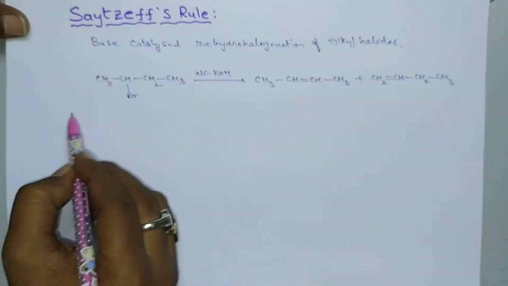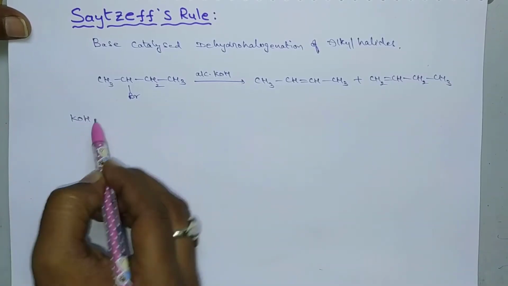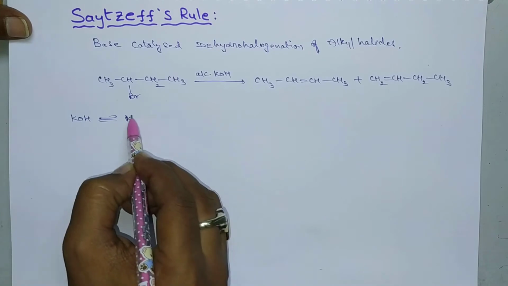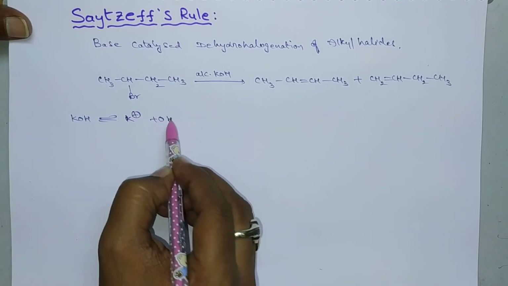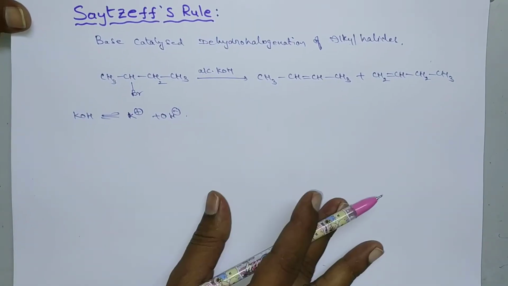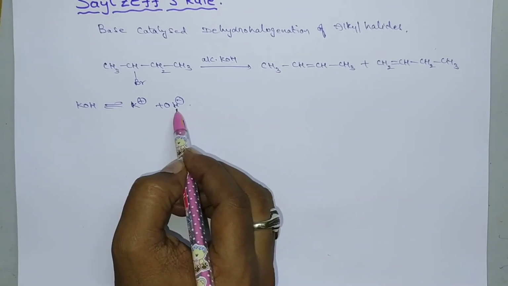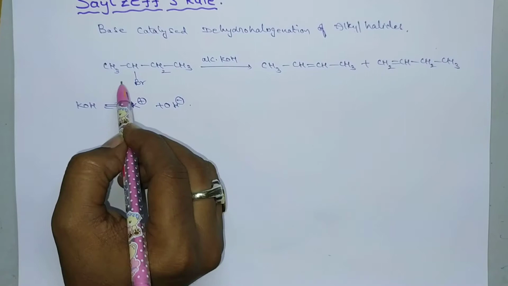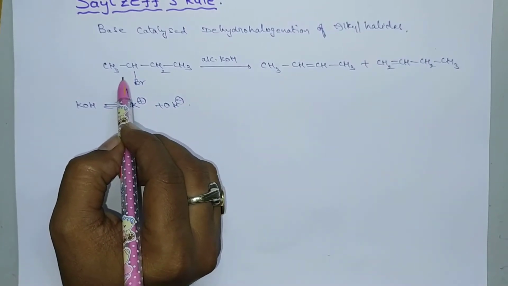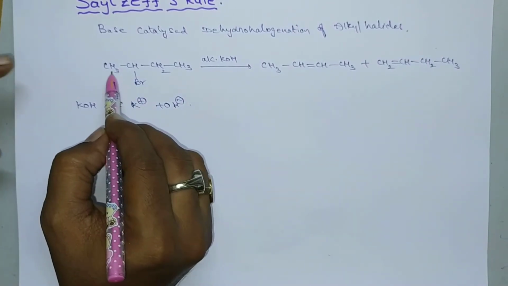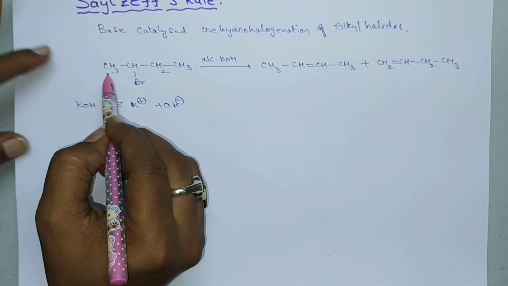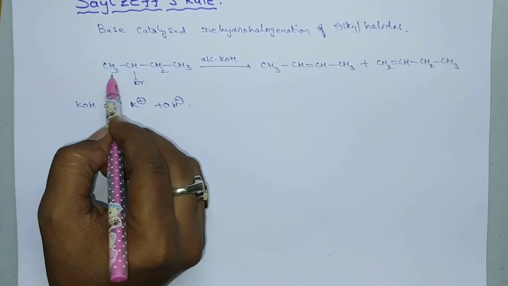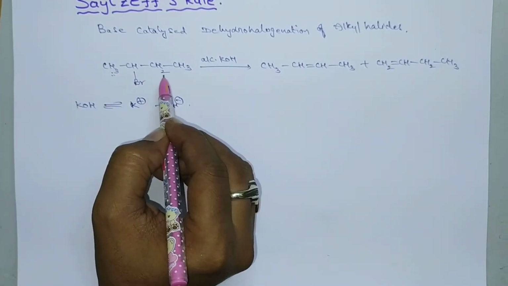Here the base KOH ionizes to form K plus and OH minus. This OH minus, the nucleophile, can abstract a proton. Dehydrohalogenation means elimination of hydrogen and halogen. The hydrogen can be eliminated from this carbon or this carbon.